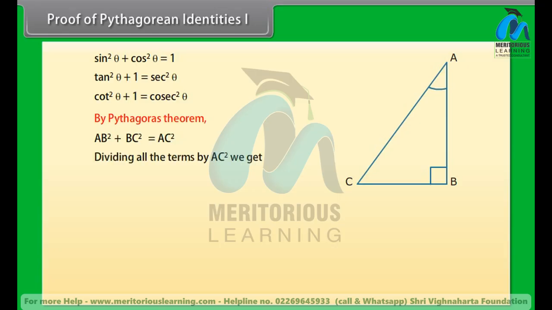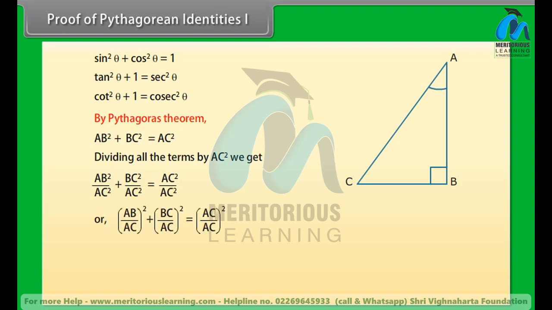Now dividing each term by AC², we can write it as (AB upon AC) whole square plus (BC upon AC) whole square, which equals (AC upon AC) whole square. That is, cos²A plus sin²A is equal to 1.